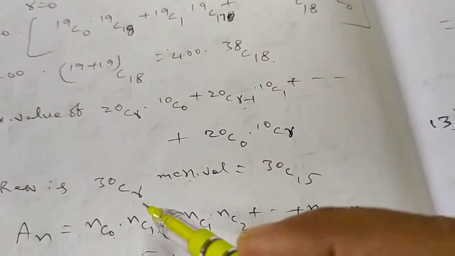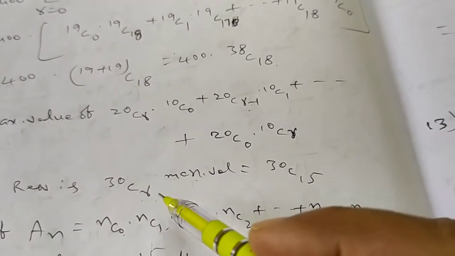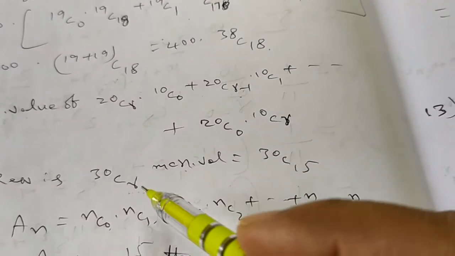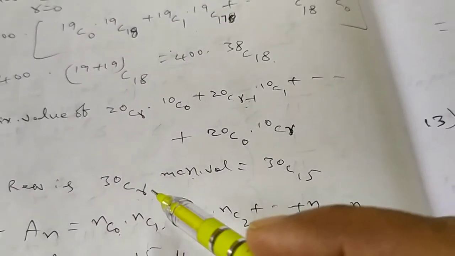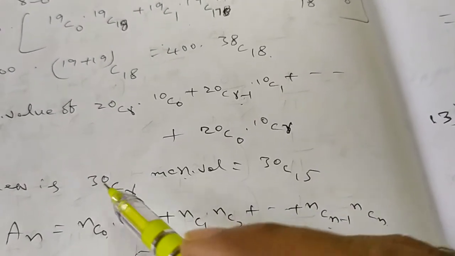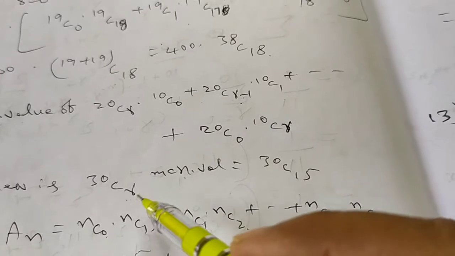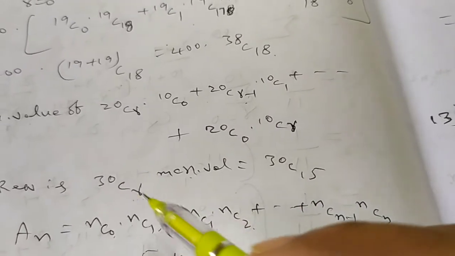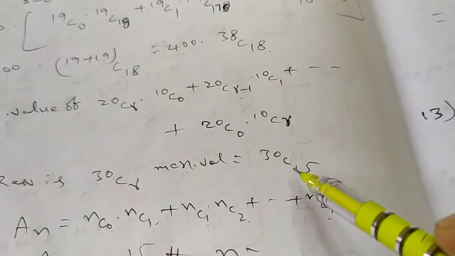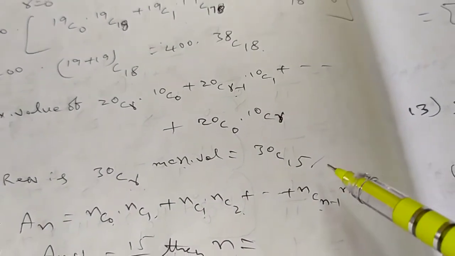We had seen the formula for maximum value of NCR in the first class of binomial theorem. If n is even, NCR has maximum value at r equal to n by 2. R equal to n by 2 means 15. Therefore, its maximum value is 30C15.